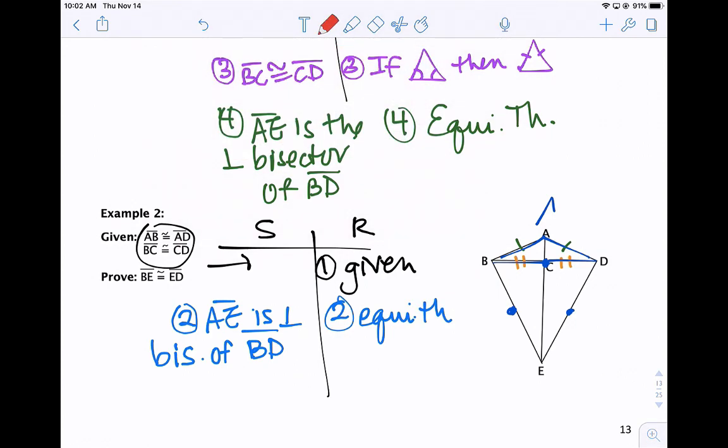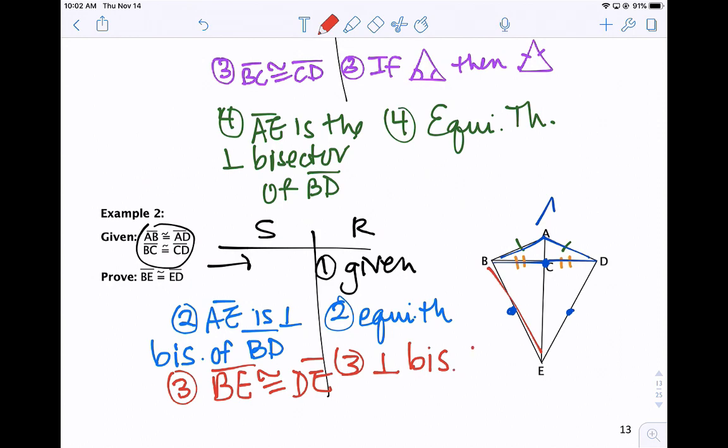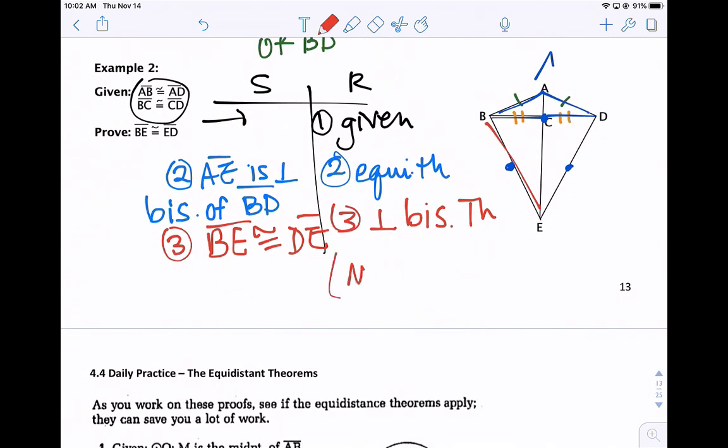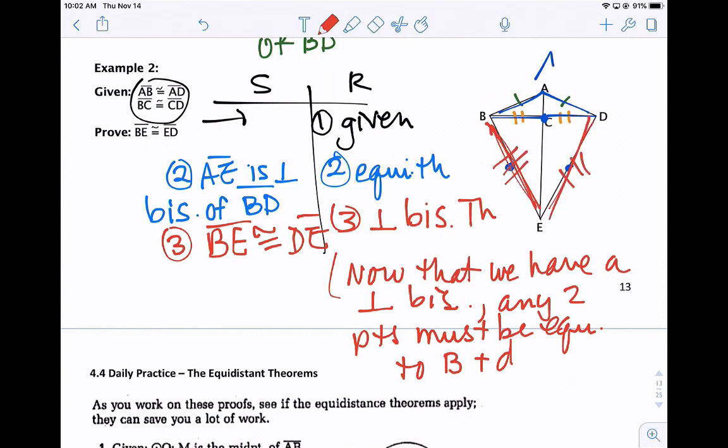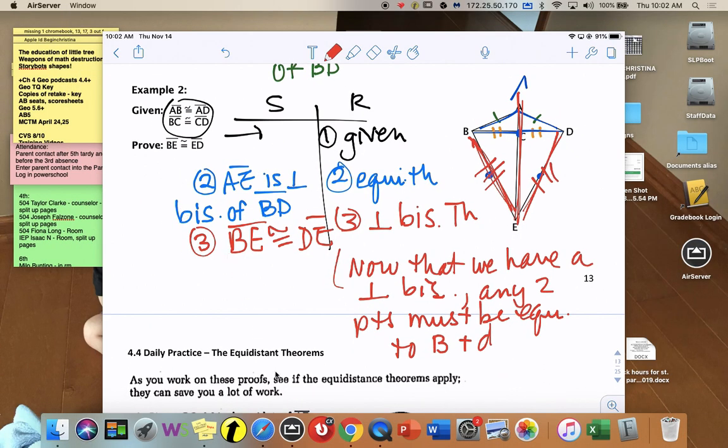All right, and then step 3, we can say that BE is congruent to DE, and the reason is the perpendicular bisector theorem, which again states that now that we have a perpendicular bisector, any 2 points on that line must be equidistant to B and D. So now these are the same distances as well because this is a perpendicular bisector. Okay, so we'll practice that today along with the equidistant theorem.